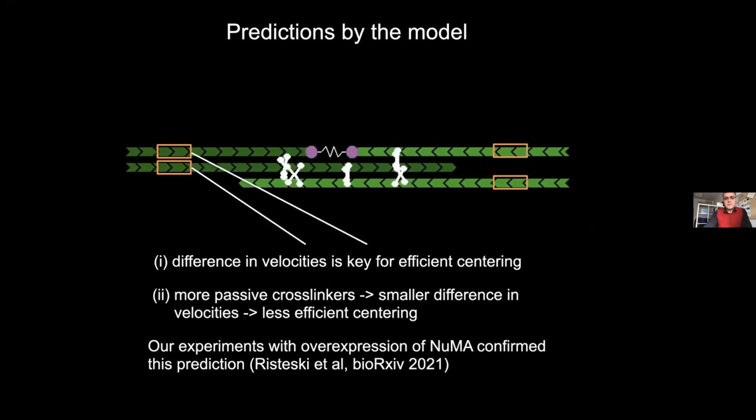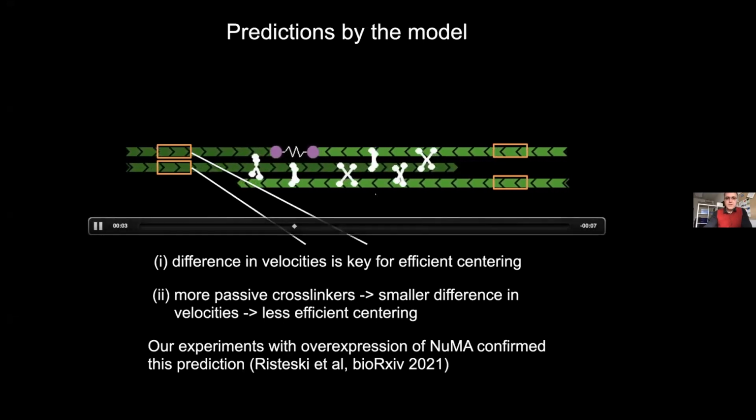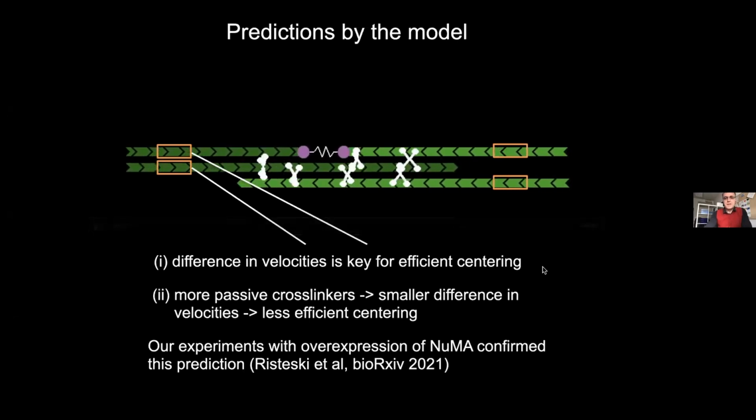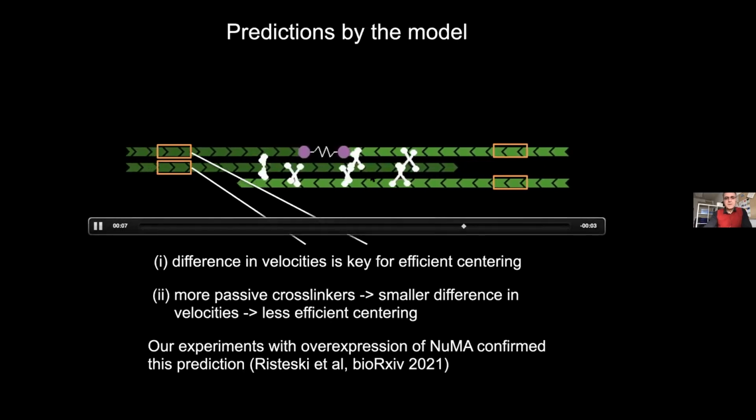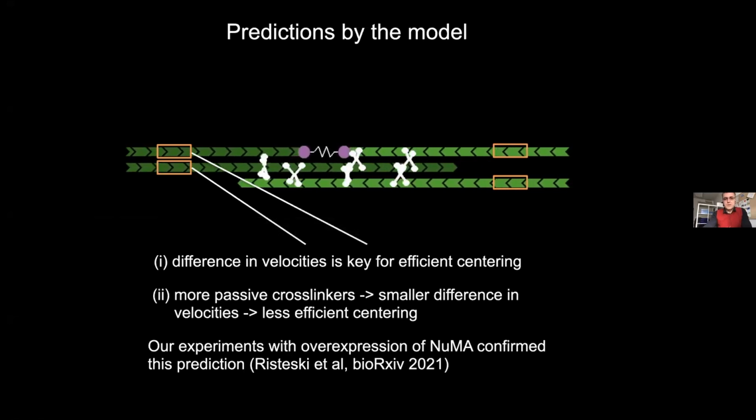And thus, this is the key prediction that should be tested. I think you already heard in Ineva's talk that indeed we find in experiments faster movement, or faster sliding, of the bridging fibers compared to the kinetochore fibers.